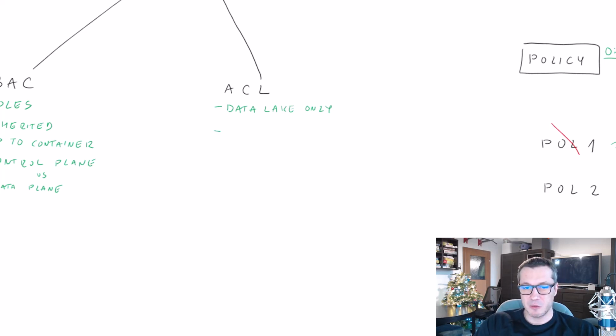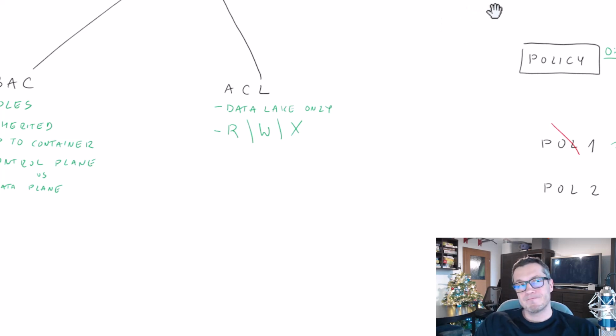Alright, but actually what are those ACLs, those access control lists? So simply put, these are three types of permissions we can grant on any level of our data lake. And those types of permissions are as follows: read, write, or execute.